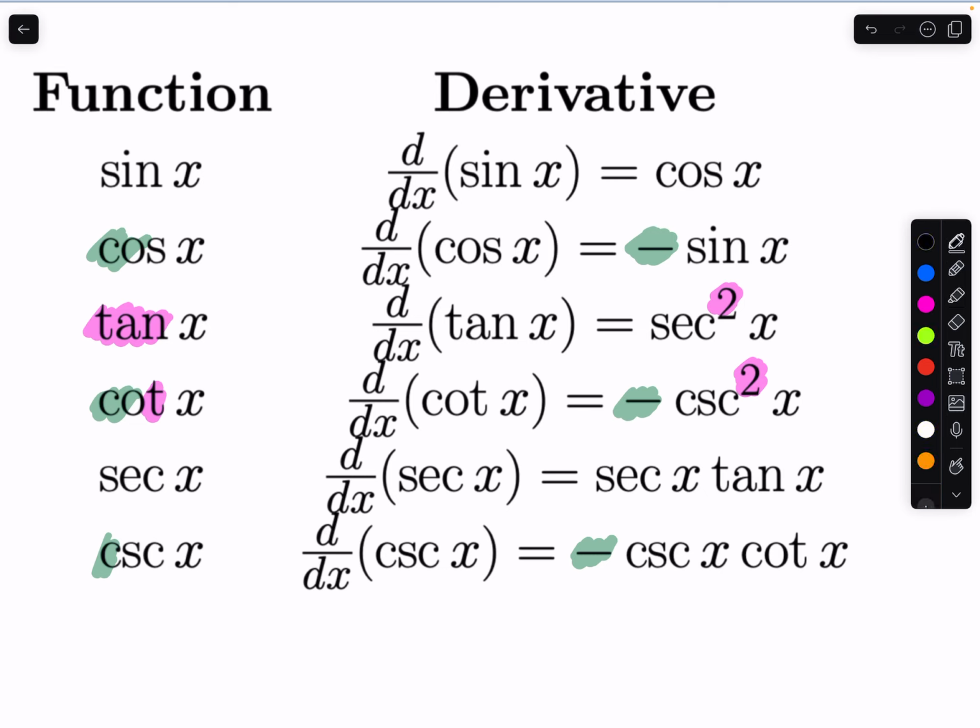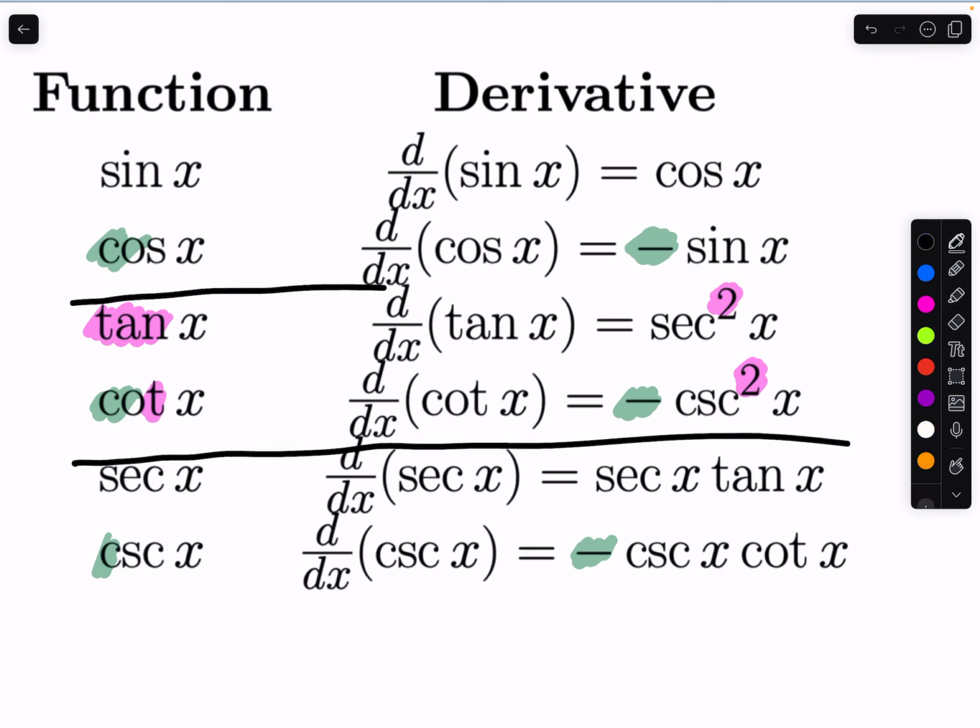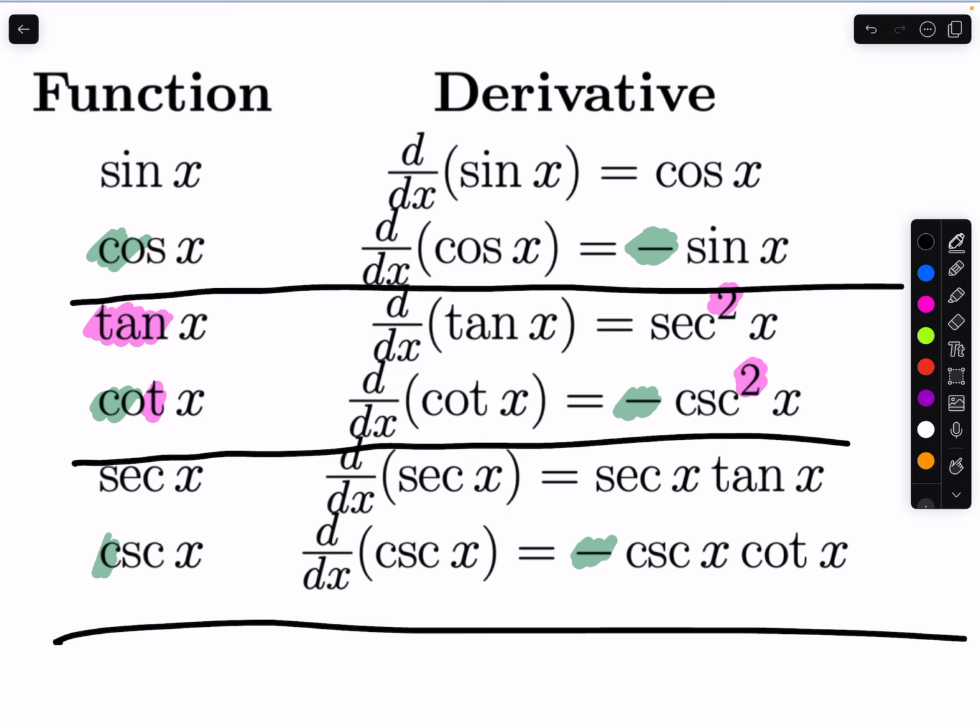That just covers those 2 right there. And then last but not least, anytime you take the derivative of a secant, you have itself multiplied by its tangent buddy. So you have to pair secant and tan in your mind, and you have to pair cosecant and cotan in your mind. So now let's just give these a whirl.